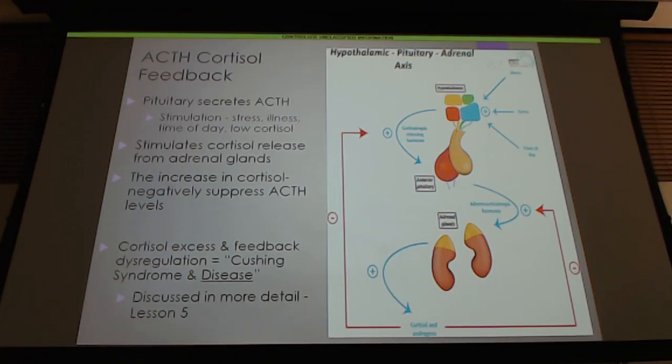ACTH then goes through the bloodstream to the adrenals and the adrenal cortex, and the adrenals do what they're told and produce cortisol. And so we get that homeostasis point, and then it decreases the ACTH. In this problem, in Cushing disease, ACTH dependent, it's an adenoma that's causing excess cortisol.